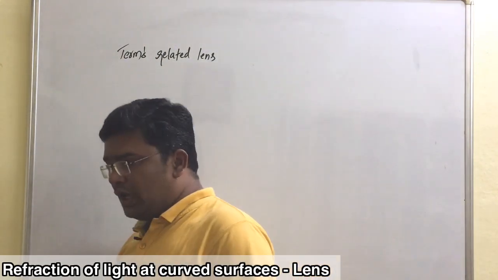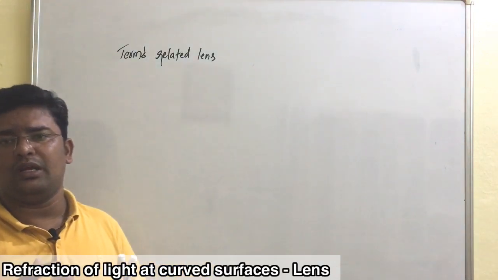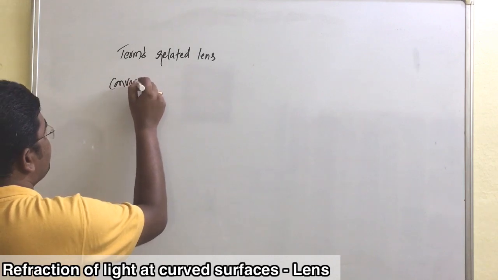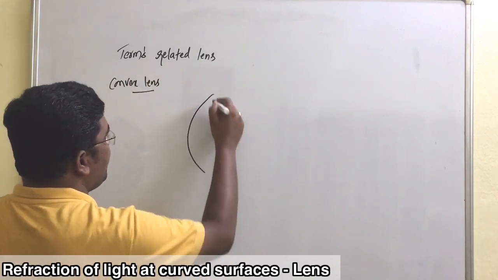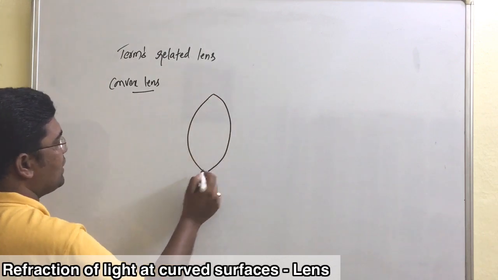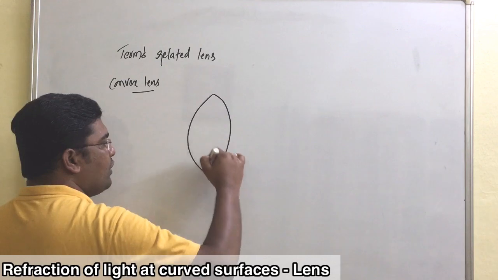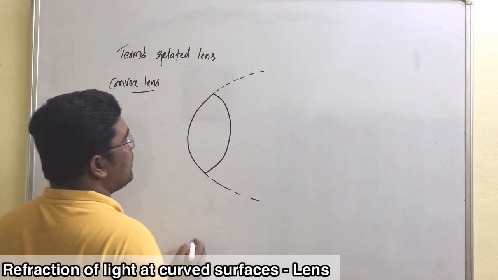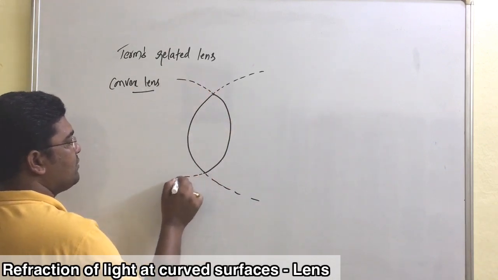As we know, a lens is made up of two curved surfaces or two spherical surfaces. So first I'll consider a convex lens. This is a convex lens which is prepared by the combination of two spherical surfaces which are bulged outwards. This part of the convex lens is prepared from one spherical surface, and this part is prepared from another spherical surface.